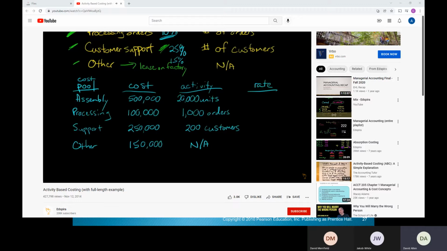Okay, so let me change up here so we don't keep having the same. So we take the 500,000, divide it by 20,000 units, and that's going to give us $25 a unit. Now we take the 100,000 processing costs and divide it by 1,000 orders, and that's going to give us $100 an order.